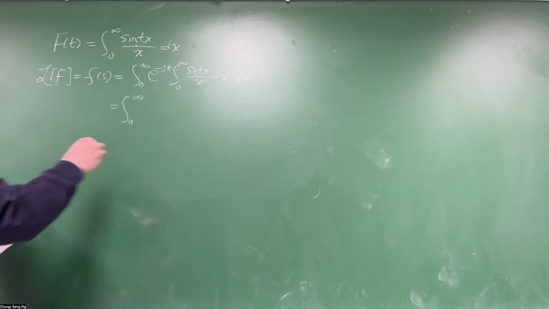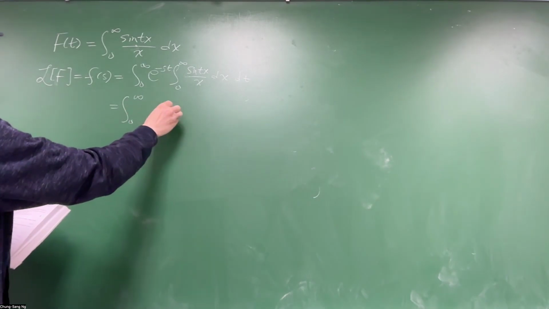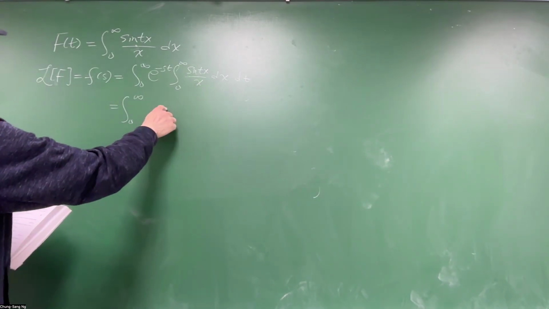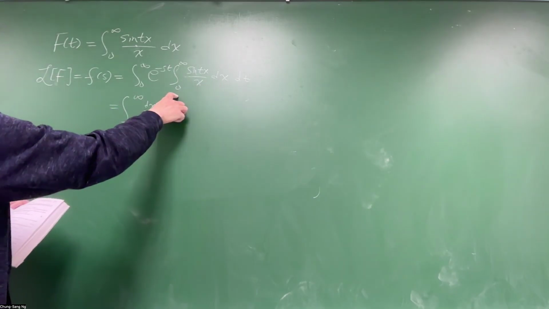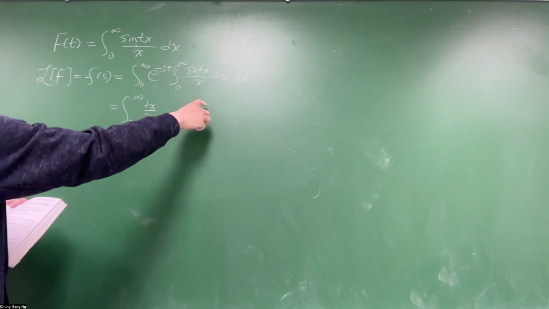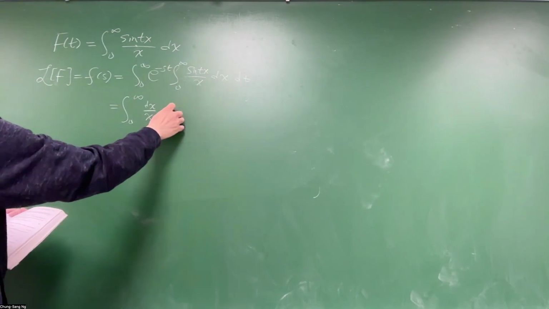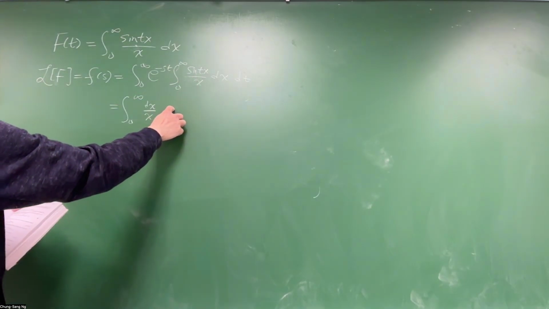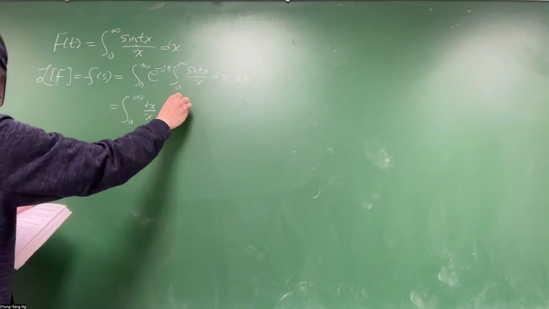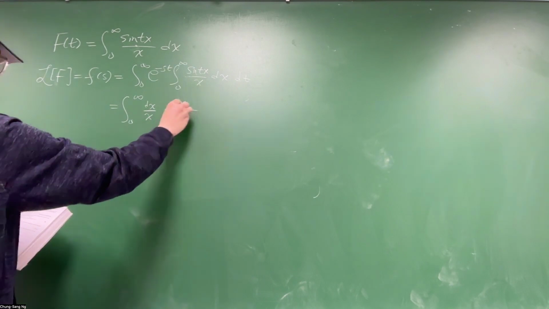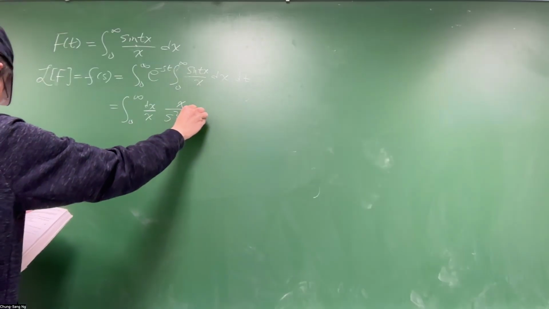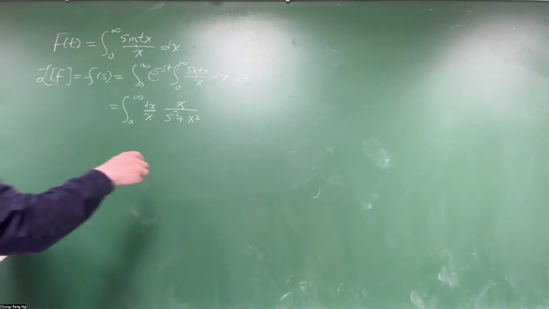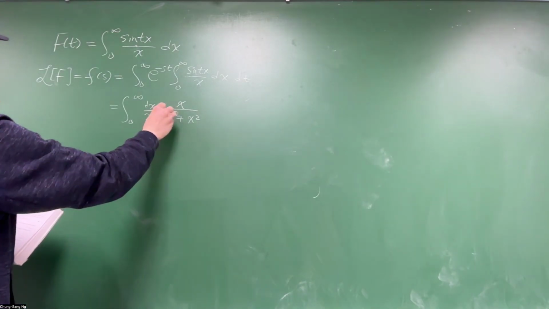So we have dx here, and the Laplace transform of sine is x divided by s squared plus x squared, right? And now you cancel the x.